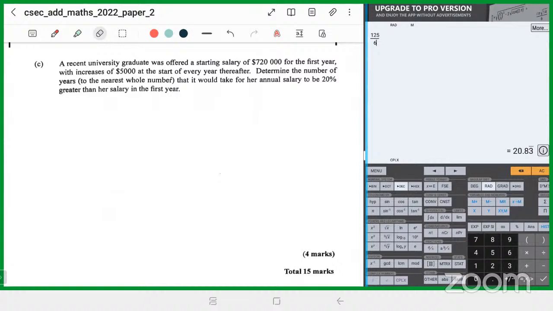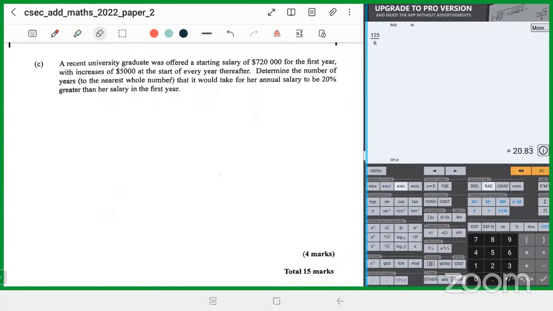So I tried doing 120% times the 720,000 for the TN. That is the value of the TN. That's what the nth term is going to be.